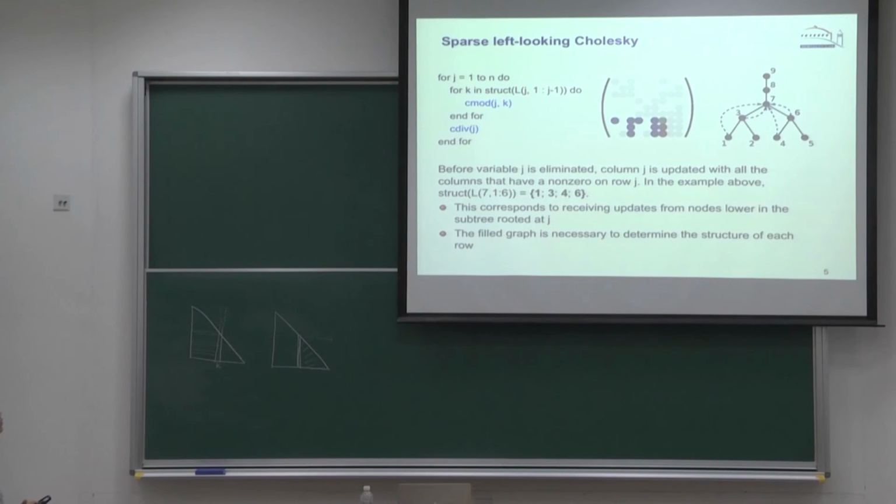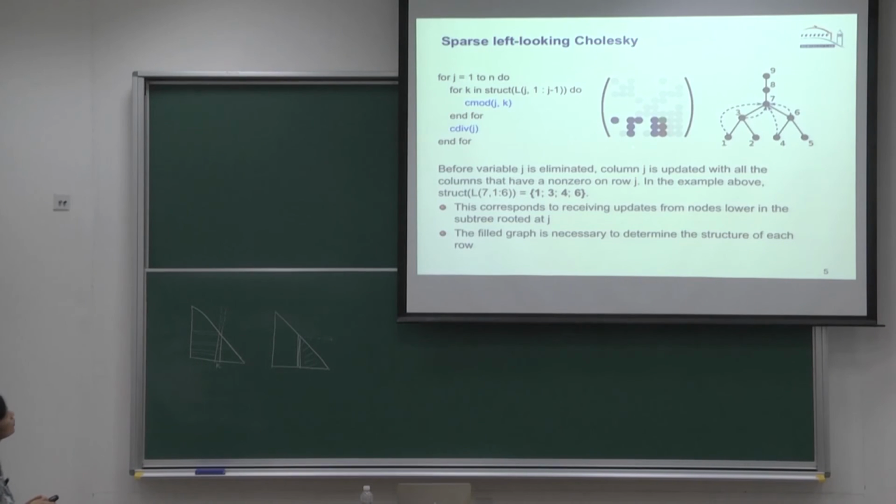So the sparse left-looking Cholesky is at this step, I have everything on the left finished. So look at this picture here. And then I need to update the current column. So basically, I need to take the dot product of this column with all of those.